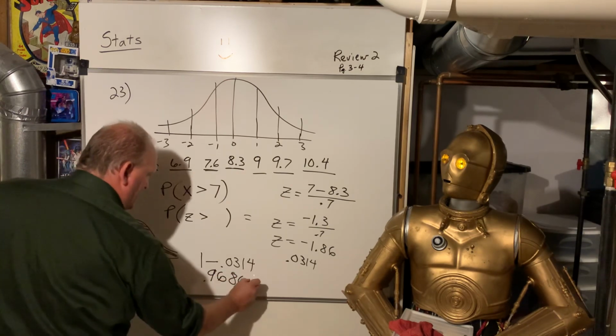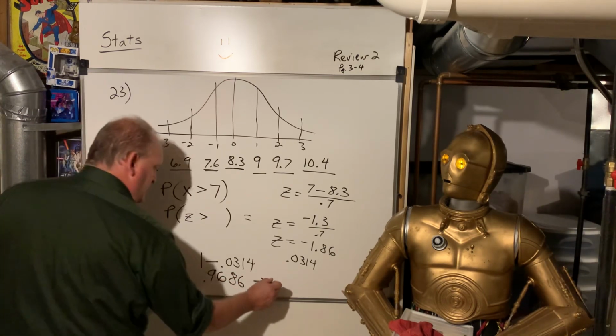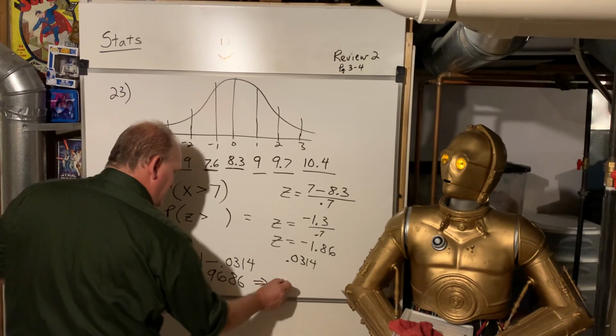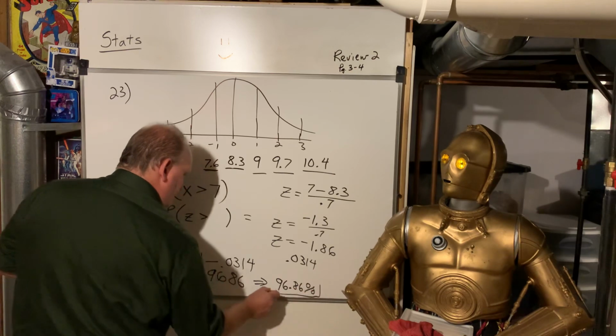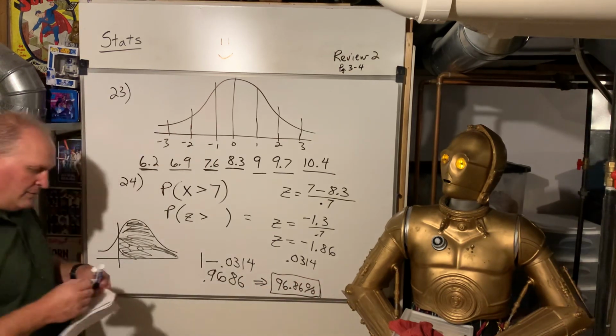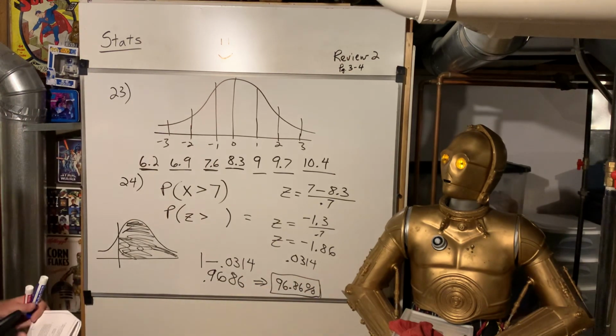And then we make that into a percent to hundredths. So 96.86%. Almost 97% of the cars on the road would be greater than 7 years. And only 3% would be less.